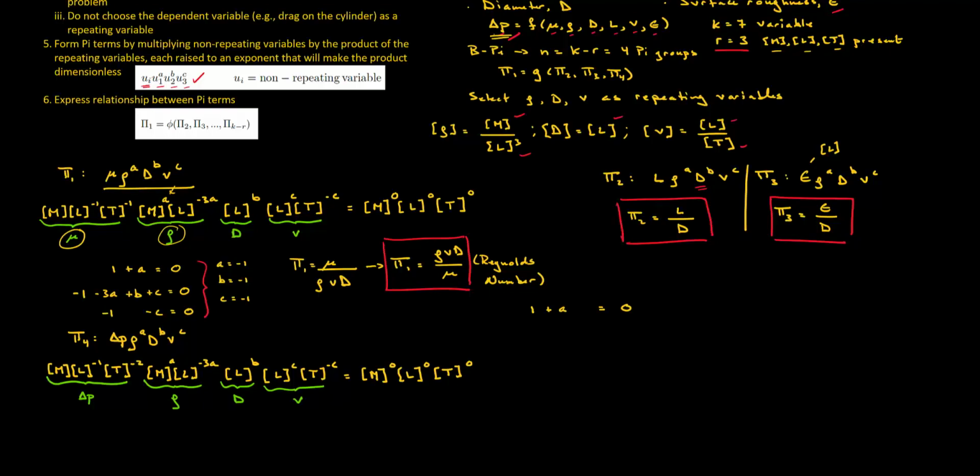The length appears as -1 from the pressure, minus 3a in the density, plus b in the diameter, plus c in the velocity, and again we set it to 0. And then finally we look at the time, minus 2 from the pressure, and then minus c from the velocity, and we set it equal to 0.